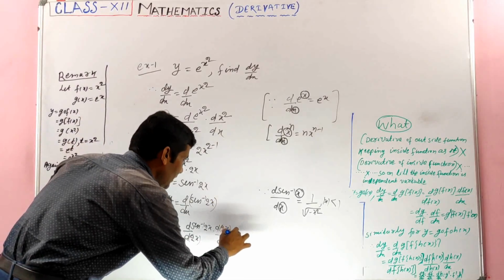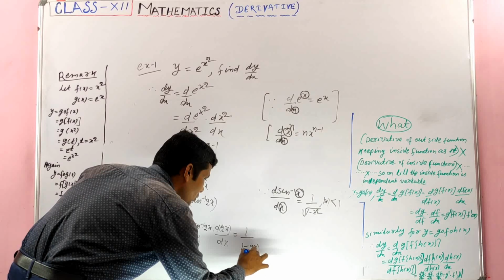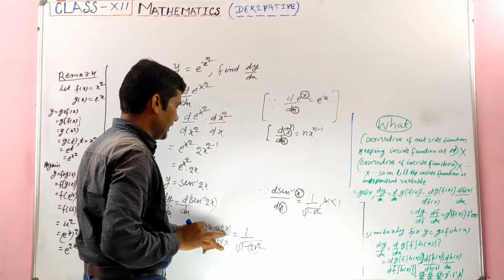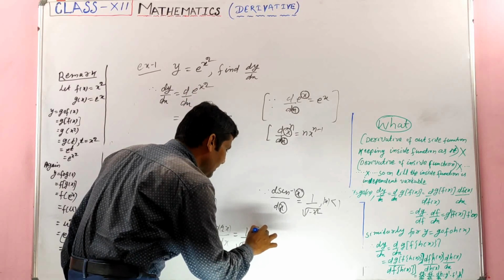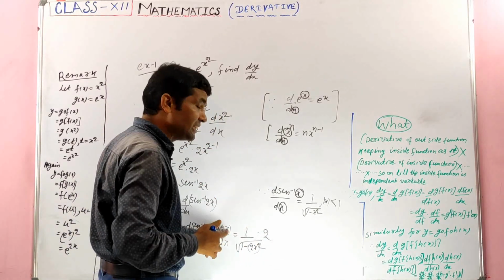What is the formula? Therefore 1 by square root of 1 minus 2x whole square, into the derivative of 2x. Here 2 is a constant that goes outside, only there is x.